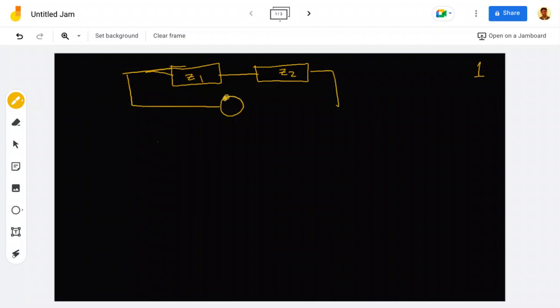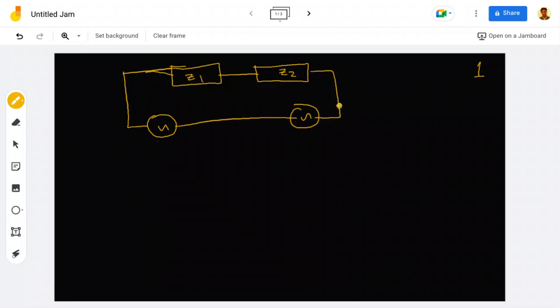And then there will be two voltage sources. It looks like a bus. So V1, V2.